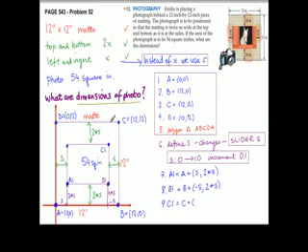Starting at C, we go this direction, and that's minus S because we've gone to the left, and then we go down, so this is minus 2 times S. So minus S, minus 2 times S from C.